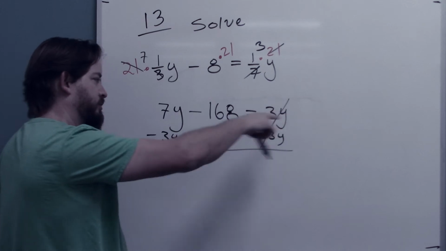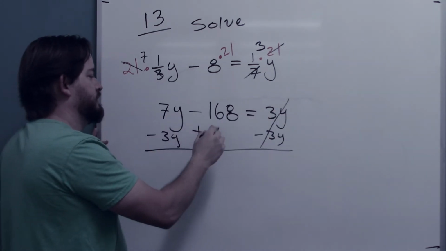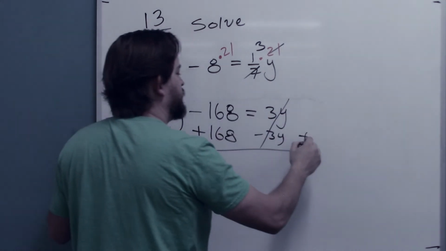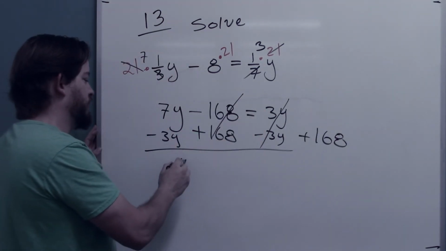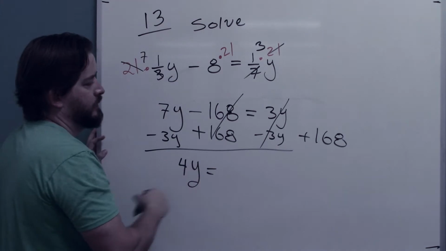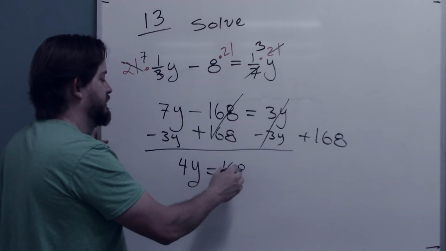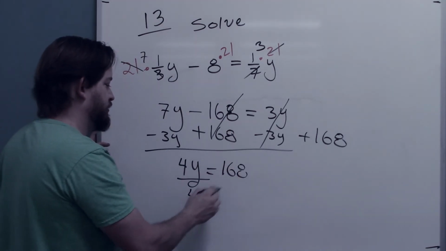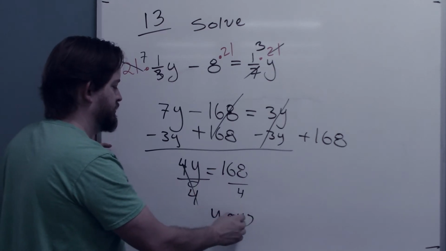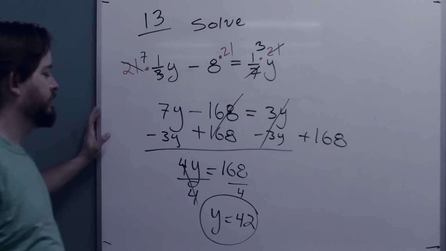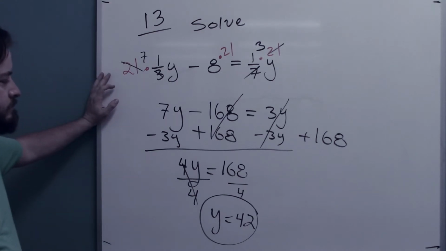And while I'm doing that, bringing that to the left, I'm going to add 168 to the right. That gives me 4y on the left equals 168 on the right. I can divide both sides by 4, and I get y is equal to 42. There we go.